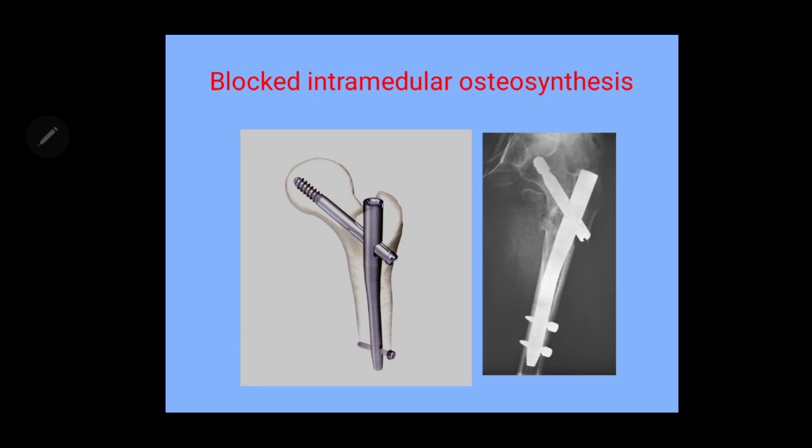Many devices were designed in the same way. There were reconstruction nails, short reconstruction nails, and now we use proximal femoral antirotational nails, PFNA, which is maybe the newest generation of these nails for the proximal femur.